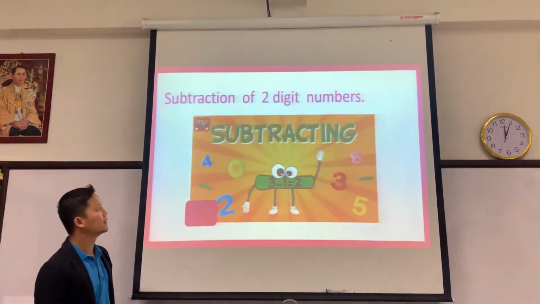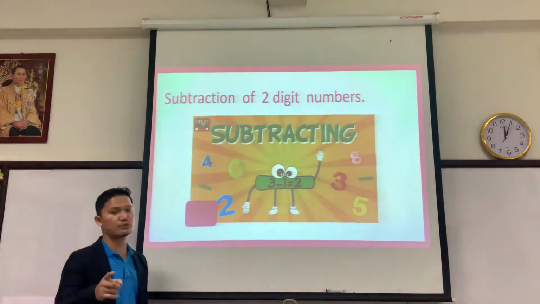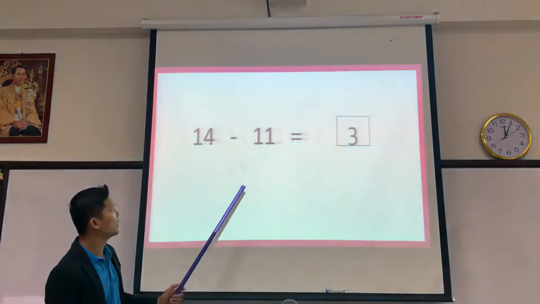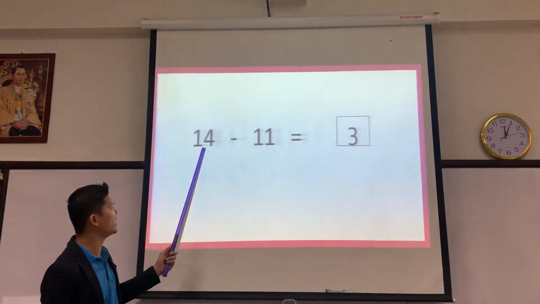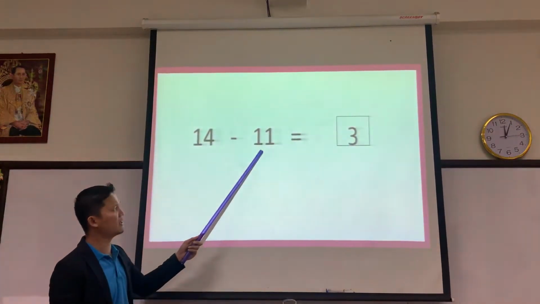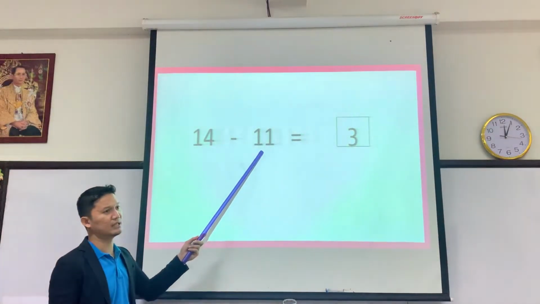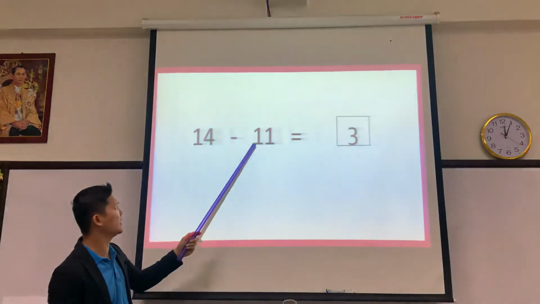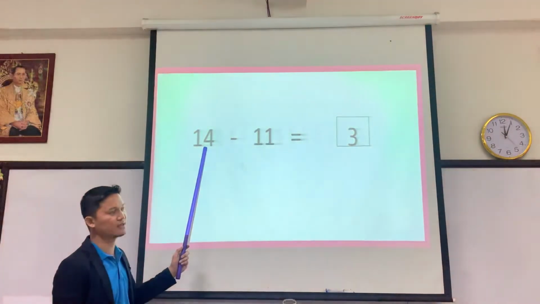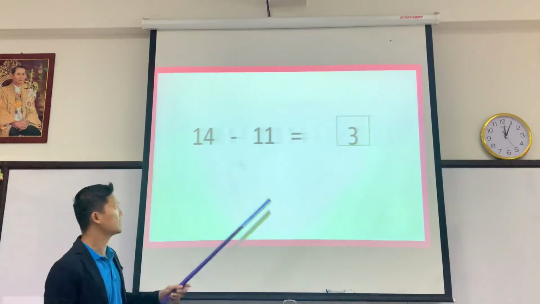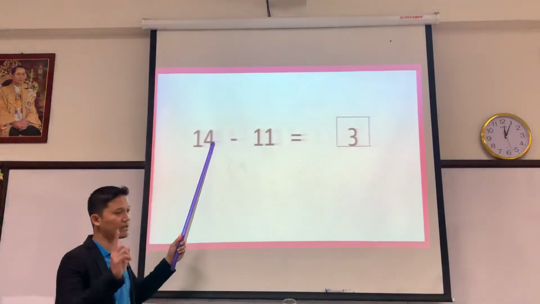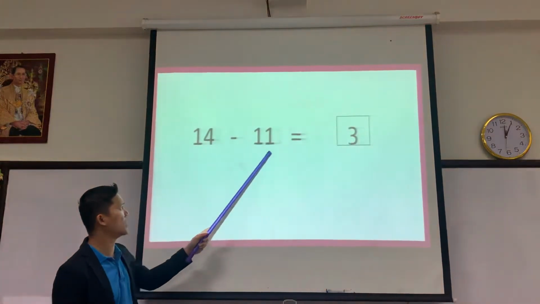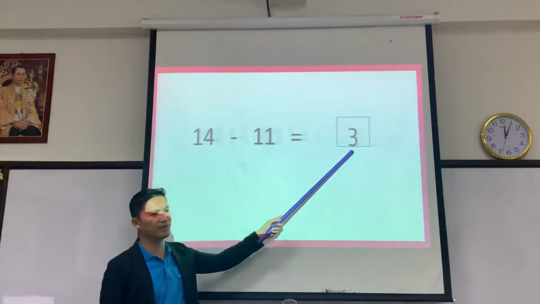Now let's start subtracting two-digit numbers. Here, 14 minus 11. We start from the ones place: 4 minus 1 equals 3.